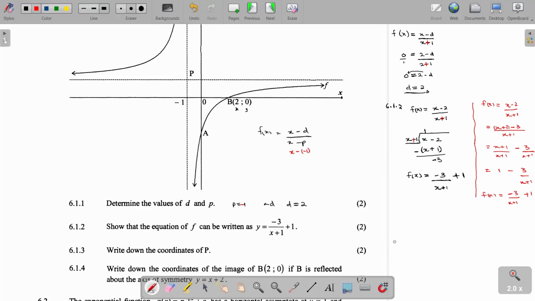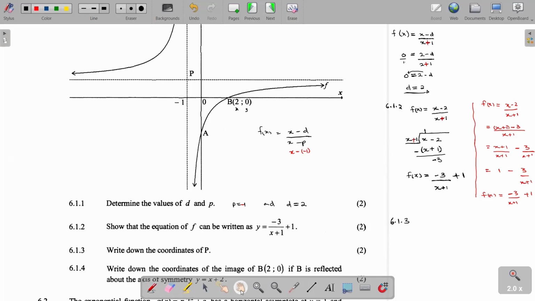Then the next question is saying write down the coordinates of P. It's 6.1.3.